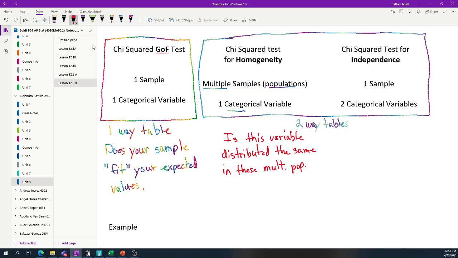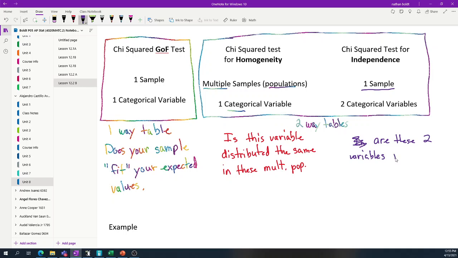As opposed to the one you're going to be doing in the video, where you have one sample. And you want to say, in this sample, are these two variables related? Usually two variables.